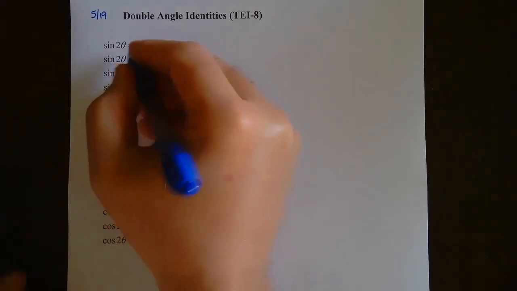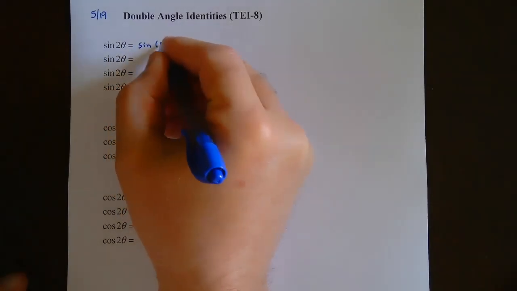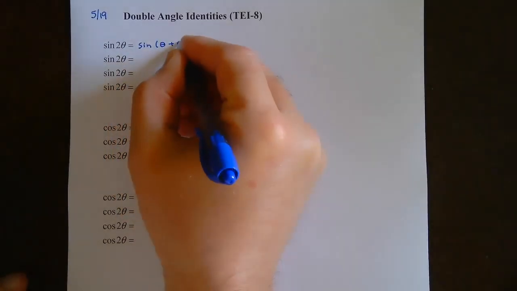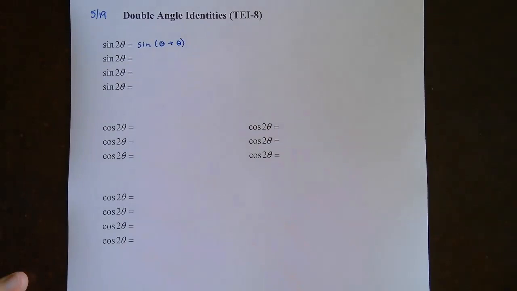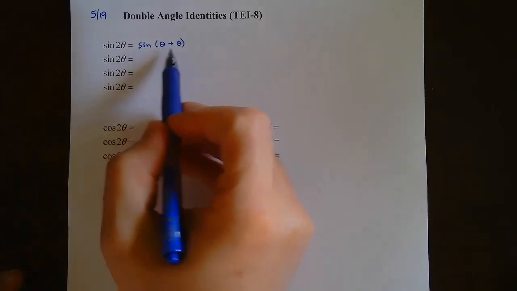Sine of 2 theta is really just sine of theta plus theta. Then we can use the sum identity for sine to figure out what this is equal to, because now my alpha is theta and my beta is theta.